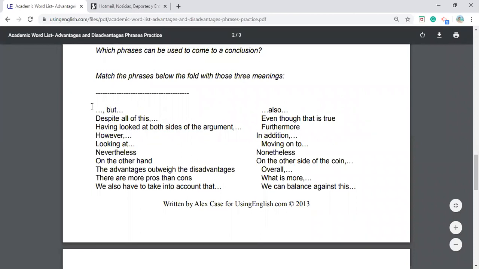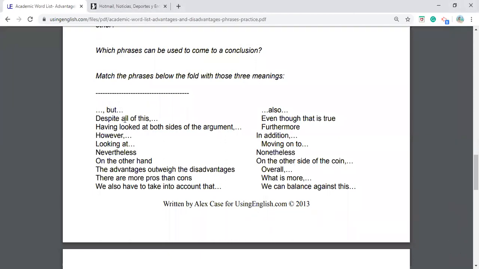But, remember, but when you are making a contrast. Then, despite all of this, so despite the COVID-19, many people continue working at home, right?